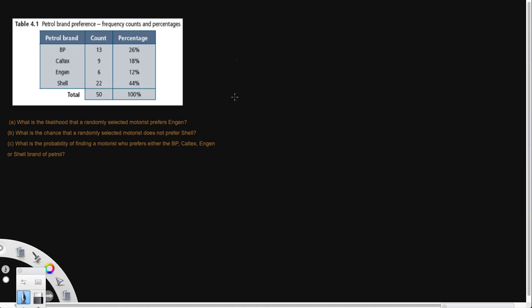Moving on to our third question, we are asked, what is the probability of finding a motorist who prefers either BP, Caltex, Engine, or Shell brand? This is what we're going to do. Let's pretend A1 is the probability of the motorist liking BP, A2 will be Caltex, A3 will be Engine, and A4 will be Shell.